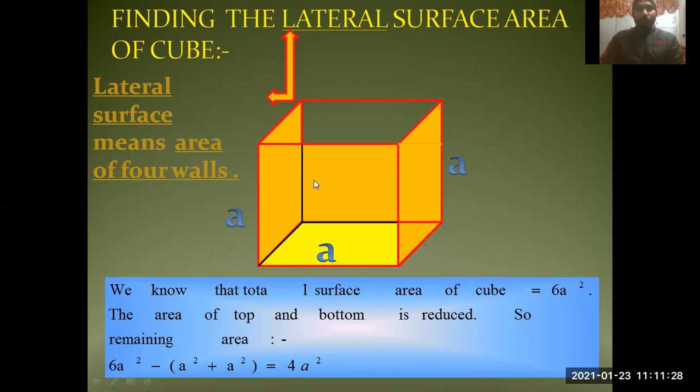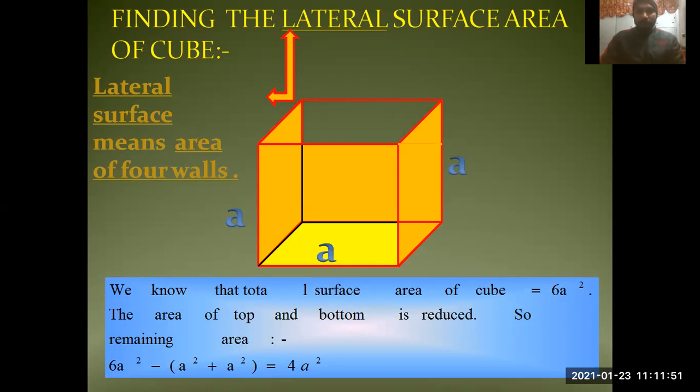Basically, you are sitting in a room that is enclosed by 6 surfaces. The upper surface is known as the roof, the downward surface is known as the floor, and the remaining surfaces are the walls. So when we talk about the lateral surface area, that means the area of the 4 walls.